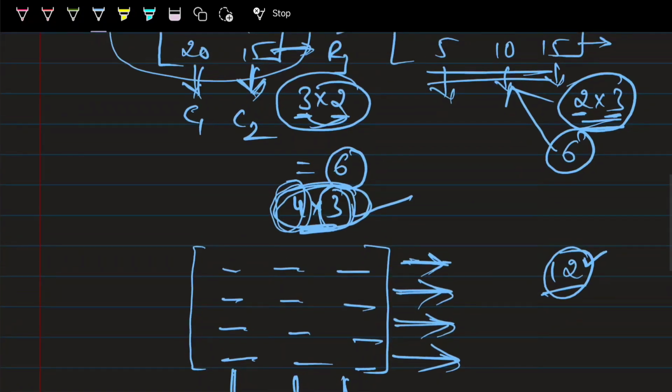See, as we have seen, when we know the order of the matrix, if we just multiply those two numbers, we are going to get the number of elements inside the matrix. In the same way, when we have the number of elements inside the matrix, find two numbers whose product is 6, which is 3 and 2 as well as 2 and 3. So the possible order of the matrix can be 3 cross 2 or it can be 2 cross 3.